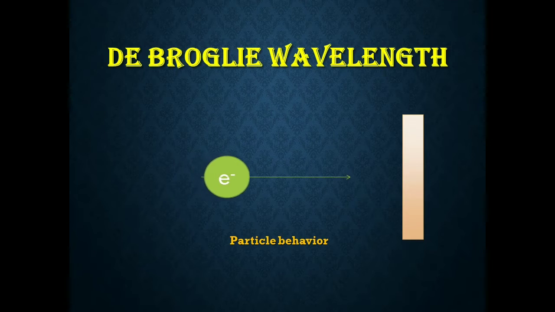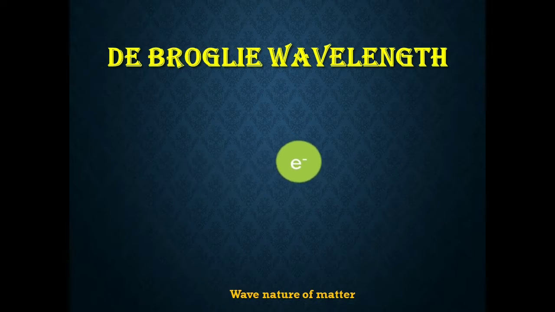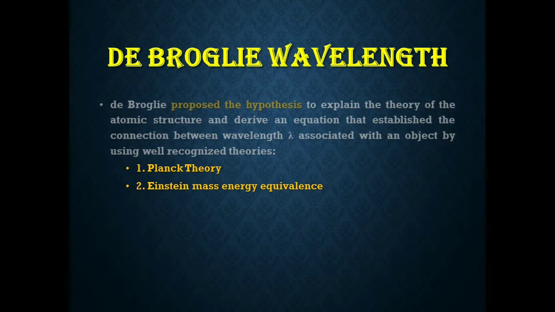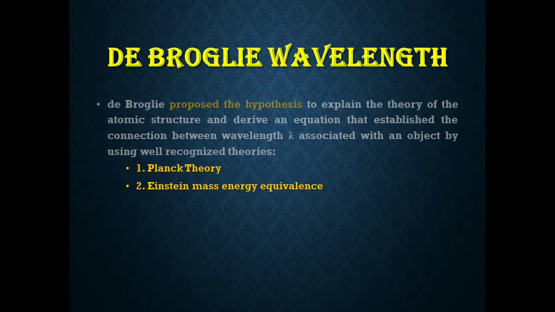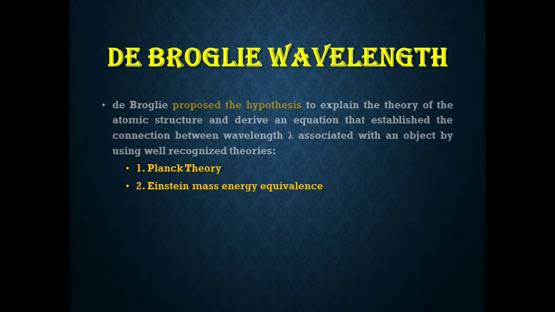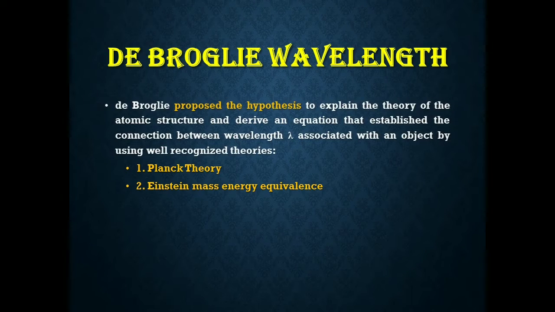Is that elementary particle moving in a straight line, like an arrow, or is it moving in the form of a wave? On that basis, the hypothesis of de Broglie was confirmed by the Davisson and Germer experiment in 1927, in which it was confirmed that matter behaves with dual characteristics.